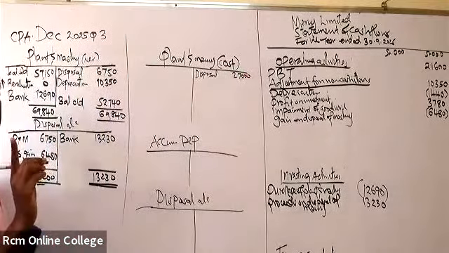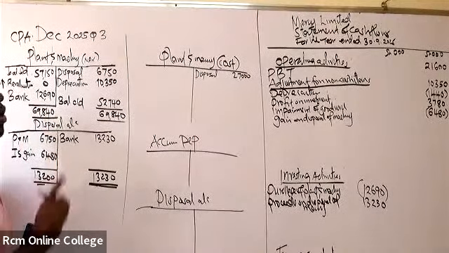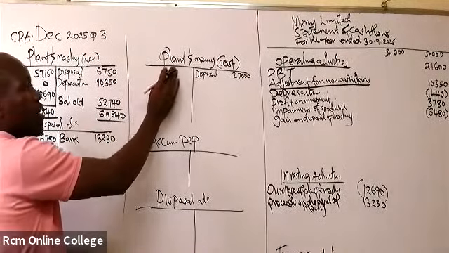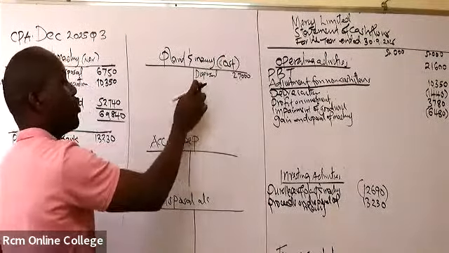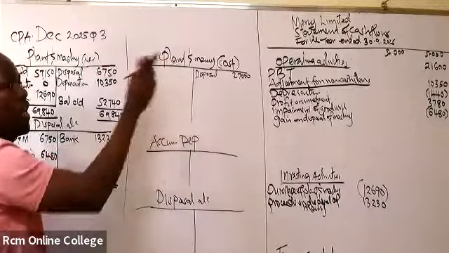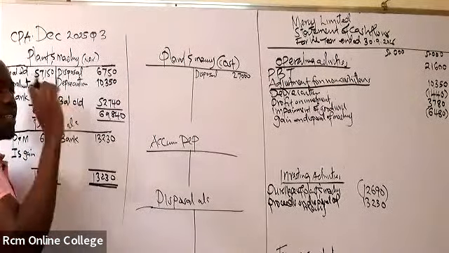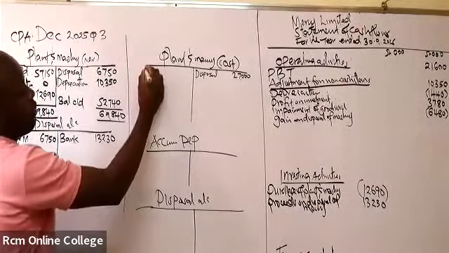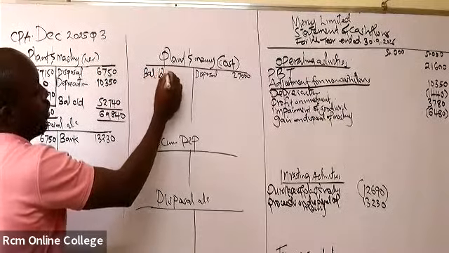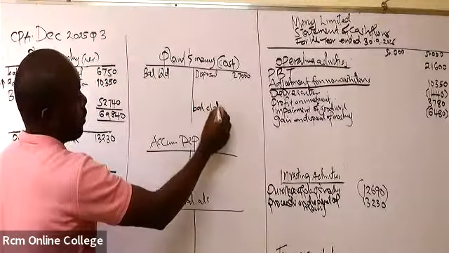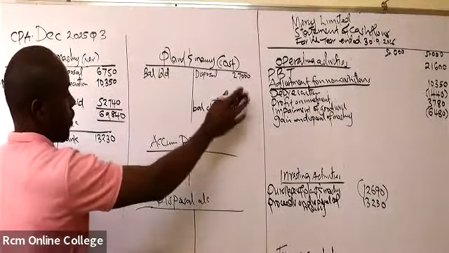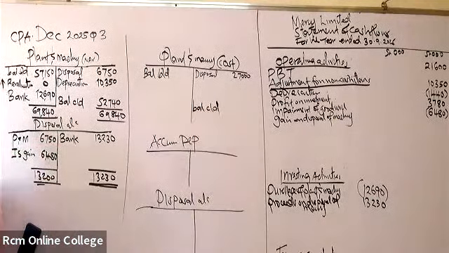That is number one. Number two, if you maintain the plant and machinery account at cost, you are not going to bring depreciation. The only things affecting the account at cost are balance brought down, again at cost, and balance carried down, again at cost.